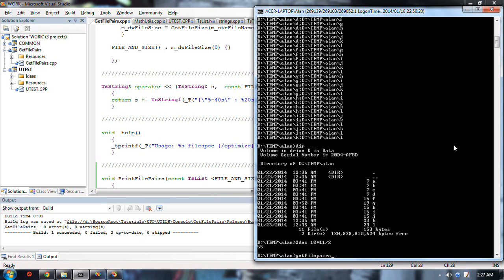One way to check that would be to pipe it into a file, but not in this directory, because it might get counted. Get file pairs. Delete me.